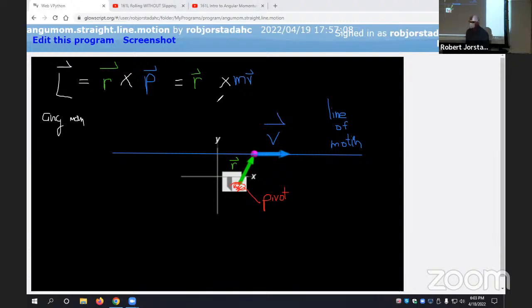When you're doing a cross product, how do you do the right hand rule? Your hand lines up with the R, or the first vector. You curl to the velocity, or the momentum in this case, the second vector. And what does the thumb tell you? Into. See that white arrow there?